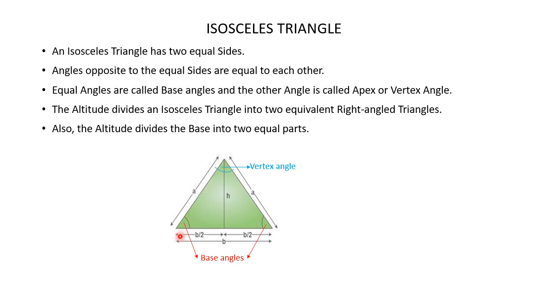So now we have two right angle triangles. Also, this perpendicular line, which is the height, divides the base into two equal parts. Now we know that the base is equal to B. So each half would be B by 2.